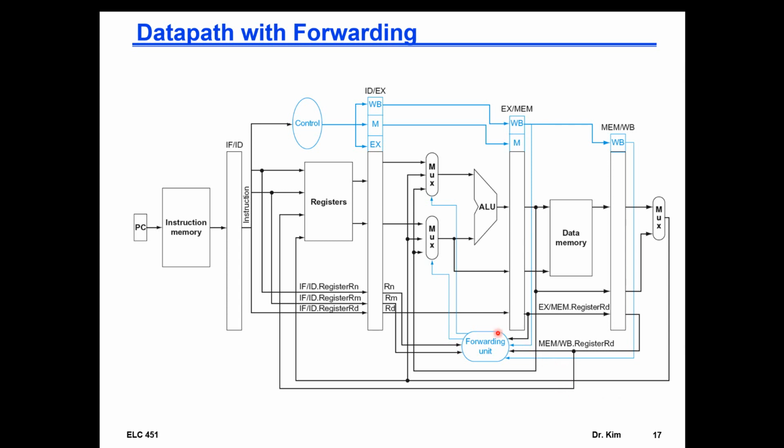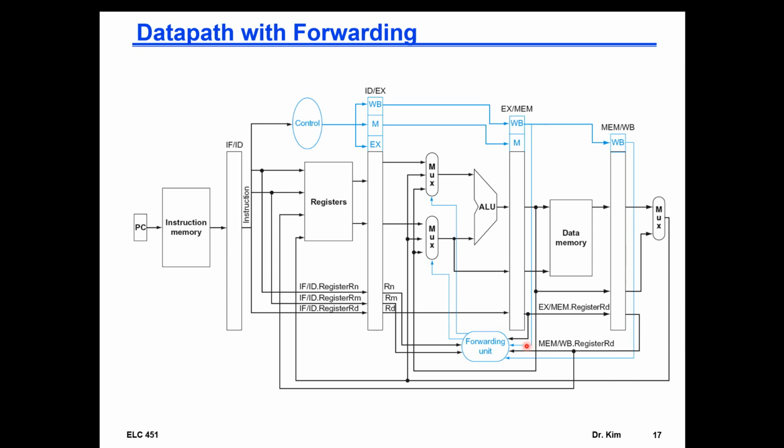So here's where the forwarding unit sits. We're looking, as before, at the register fields from the memory stage, from the write back stage, and from the source fields from the execution stage, but also we are looking at the write back signal now, both from the write back stage and also from the execution stage to make a determination.